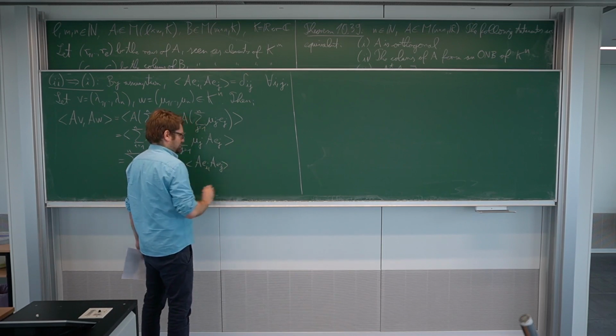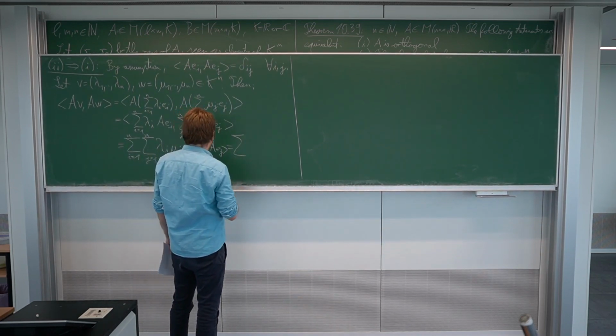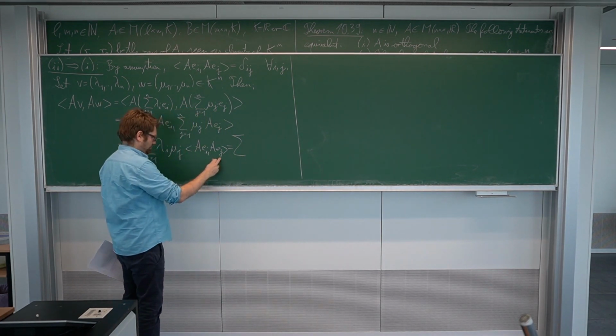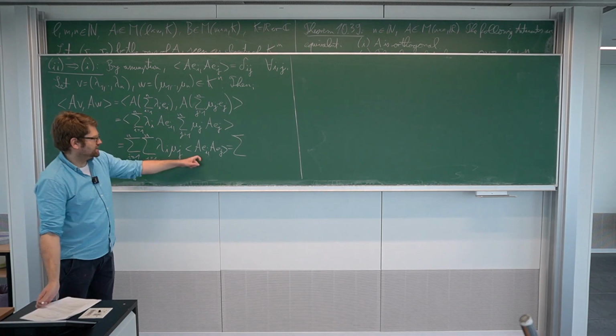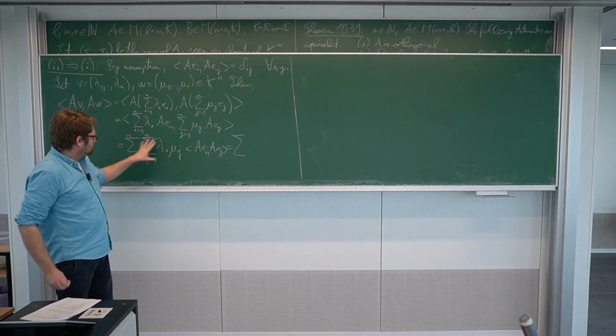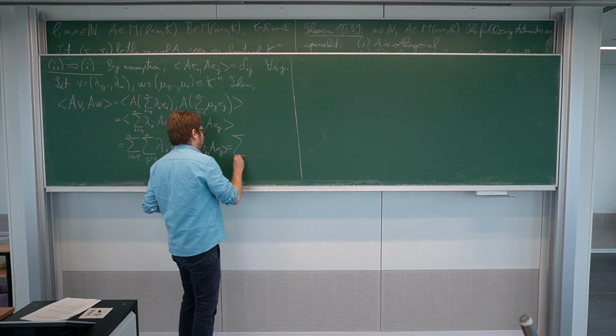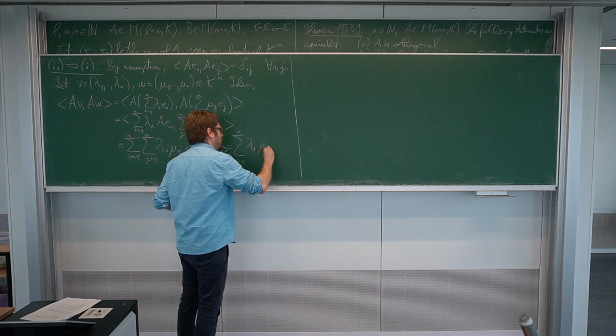There we have it. By this assumption, this is delta_ij. So the only terms which are not vanishing are the ones for which i is equal to j. In this case, this is 1, which means that the whole sum just becomes the sum from i equals 1 to n of lambda_i times mu_i times 1.